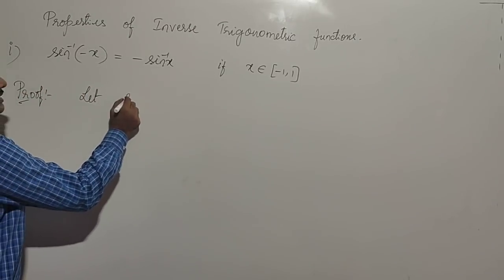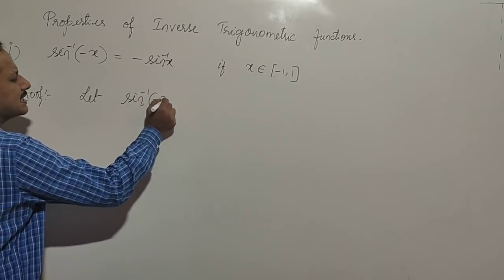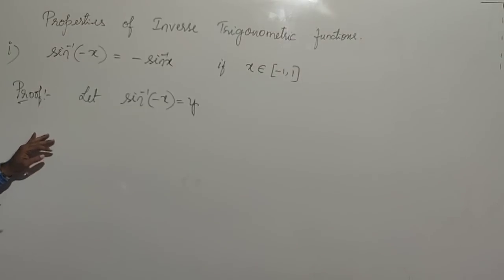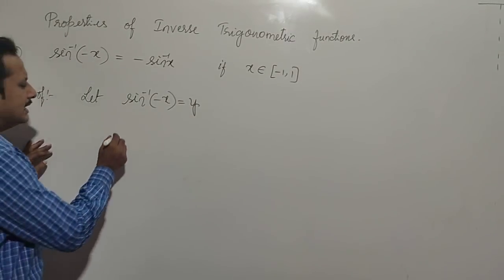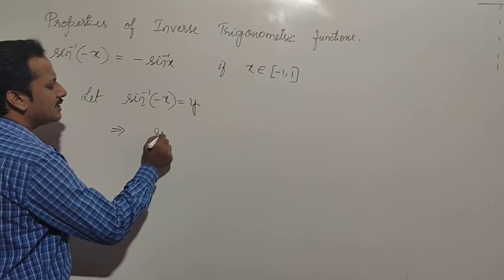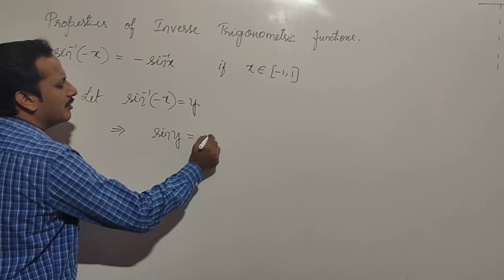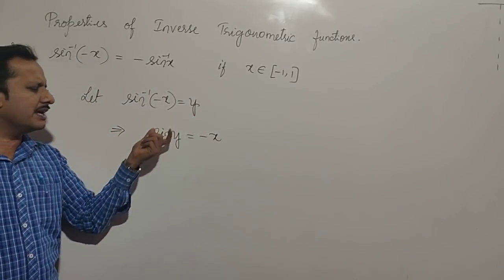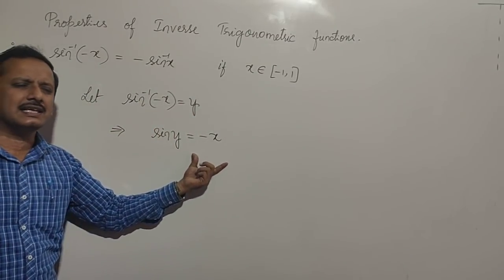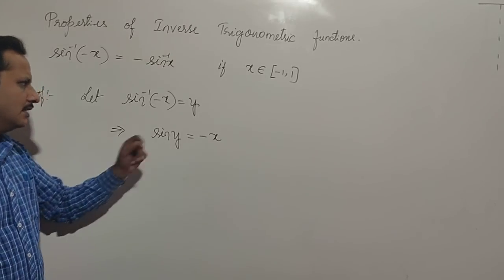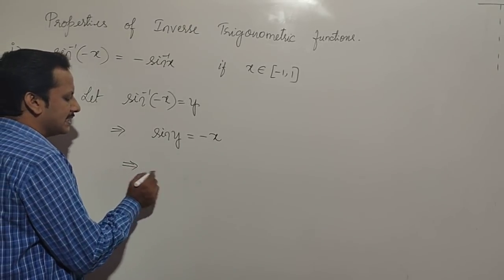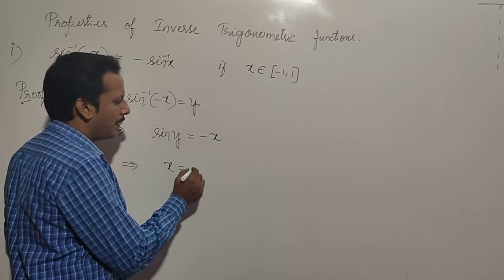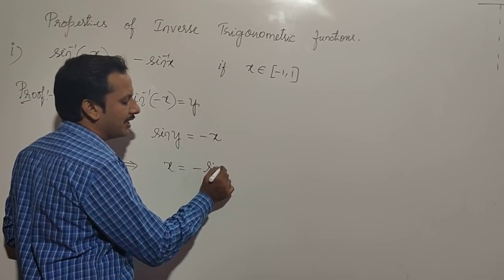I will take sine inverse of minus x is equal to y. This will imply that sine y is equal to minus x. From there I can write x is equal to minus sin y.